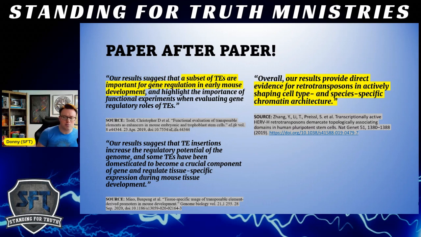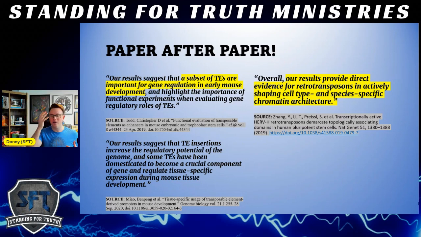Overall, our results provide direct evidence for retrotransposons in actively shaping cell type. So, believe it or not, your chimpanzees have what's called cells. Your mice are made up of cells. We're made up of cells, 100 trillion cells.